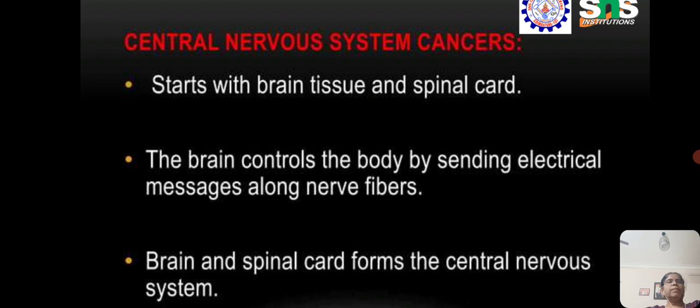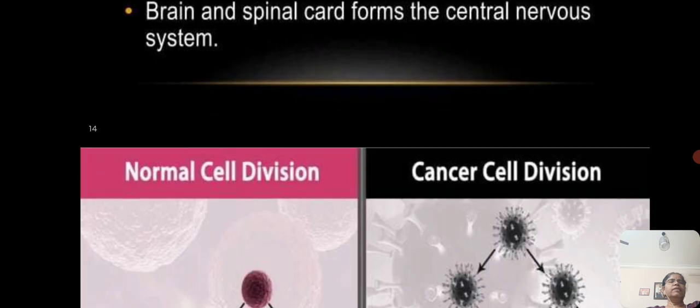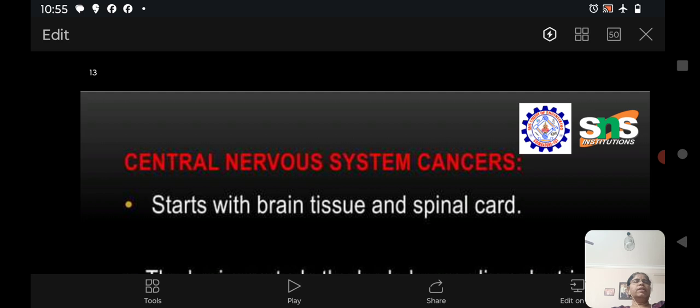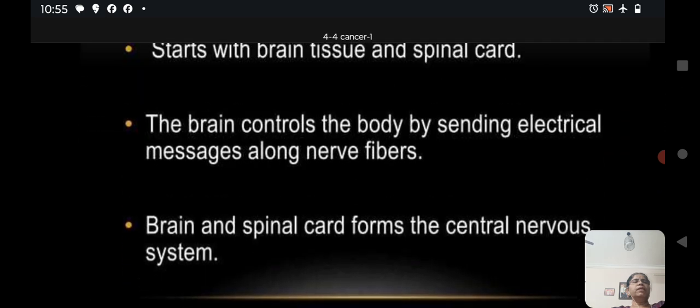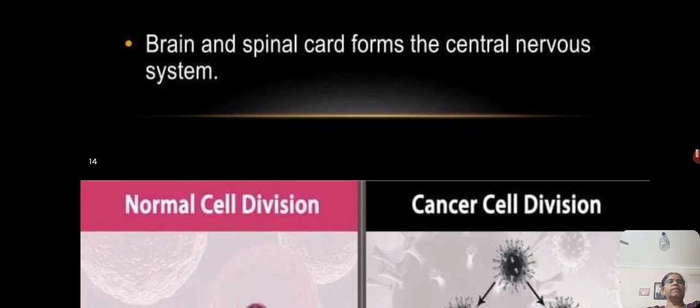So this is another type. The central nervous system gets affected due to this type of cancer, so the brain and the spinal cord get affected.